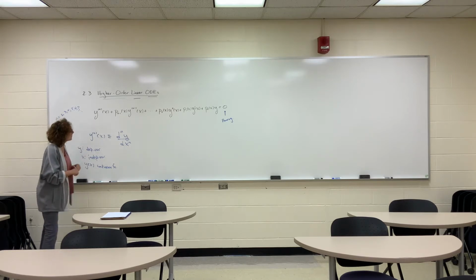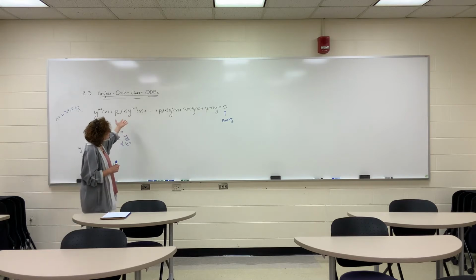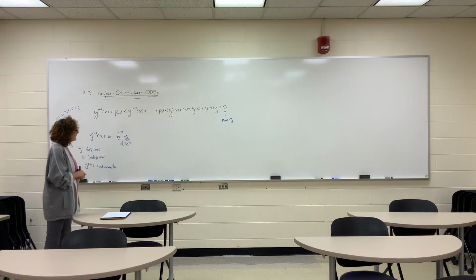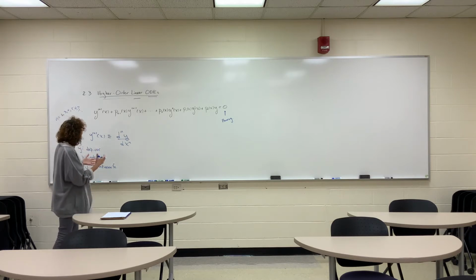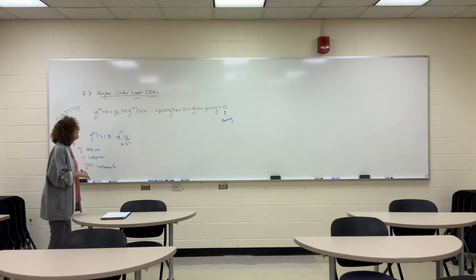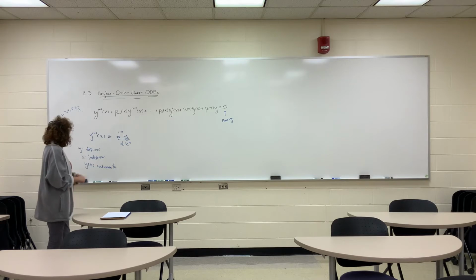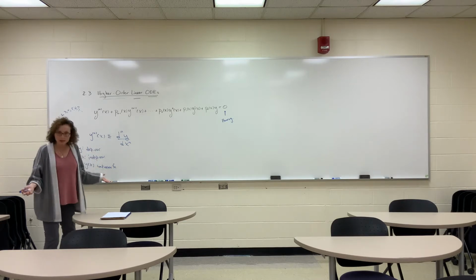Okay, and so y and all of its derivatives just appear multiplied by functions of x only. No crazy y squared, y prime, y double prime over y cubed. None of that. It's linear, and for linear ODEs there's nice theory.